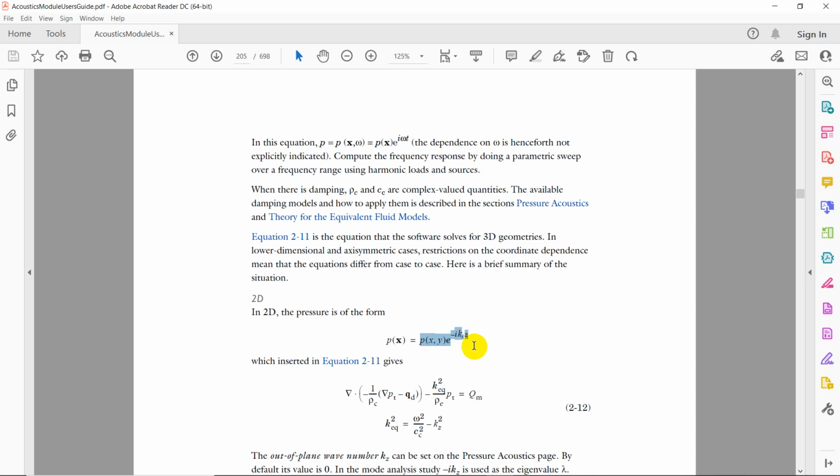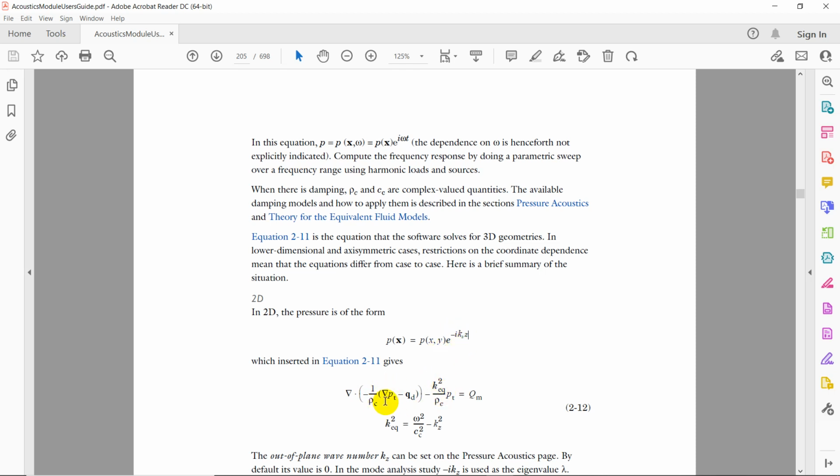Then if you plug in this equation, the divergence of the gradient, the Laplacian, basically means you are taking the derivative twice. Then again minus i k and minus i k will come, so it will form i square k_z square. So i square is again minus 1, so minus 1 k_z square.